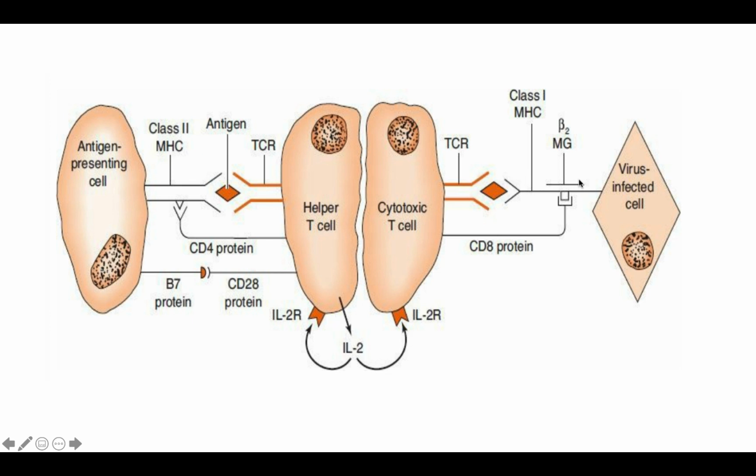The CD8 cell goes and looks for a virus-infected cell that is showing the same antigen, this antigen here is the same antigen here, on class 1 MHC molecule with a CD8 protein to stabilize the connection, and then kills this virus-infected cell. So this is our story now, with the addition of the co-stimulatory signal.